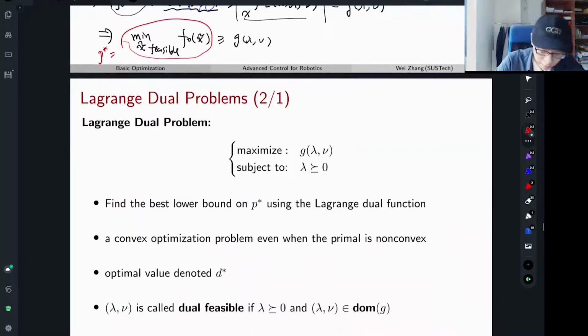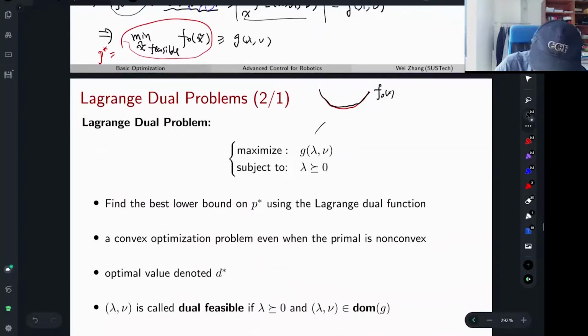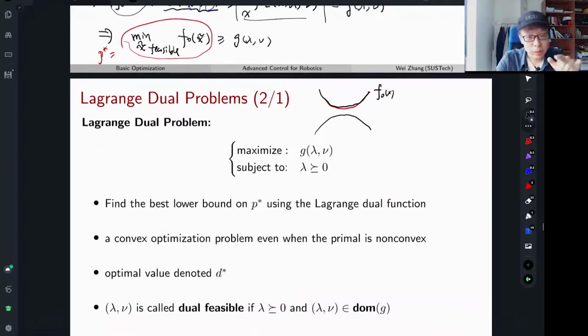You can think about this. If this is a convex problem, this will be my f, maybe f0 of x, and the dual is always concave. It's like this. They are defined over different variables anyway. So in this case, the dual always stays below the primal, and we can try to maximize.